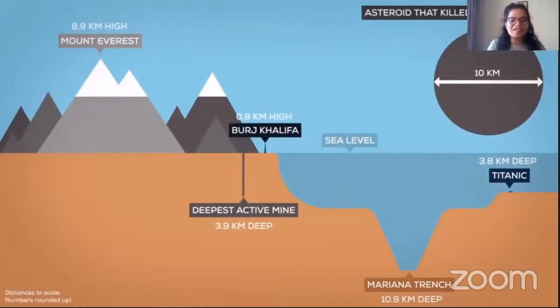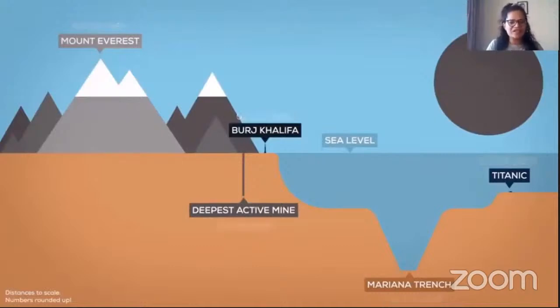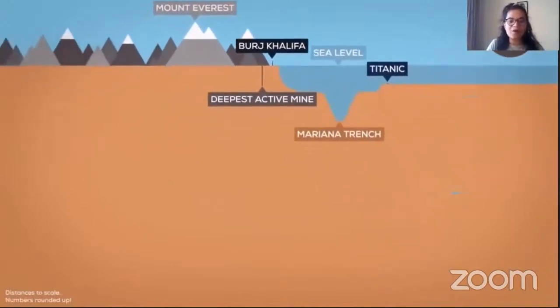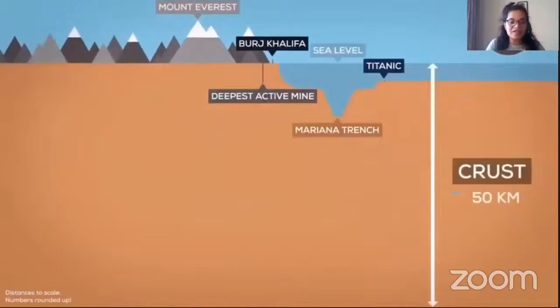The part that we stand on is called the crust, which is about 50 kilometers thick. And even though it's 50 kilometers thick, it varies from 5 kilometers to 70 kilometers, depending on the place.